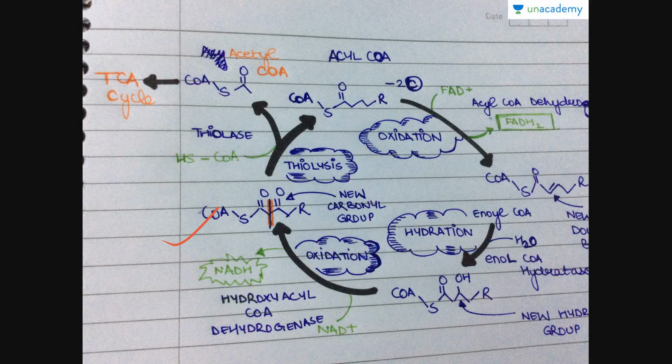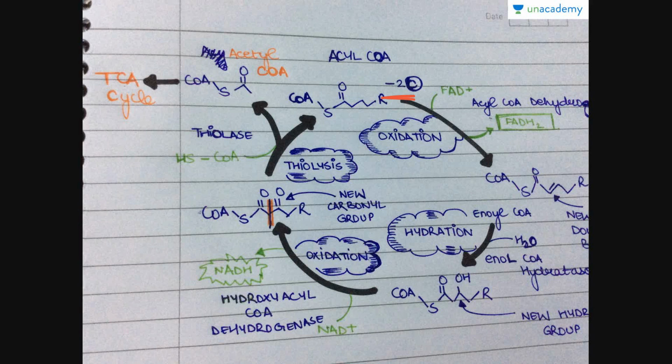After this, in presence of the enzyme thiolase and addition of CoA-SH, it forms acetyl coenzyme A, which enters the TCA cycle or the Krebs cycle, and it also forms an acyl coenzyme A molecule, which is 2 carbon less than the initial compound.